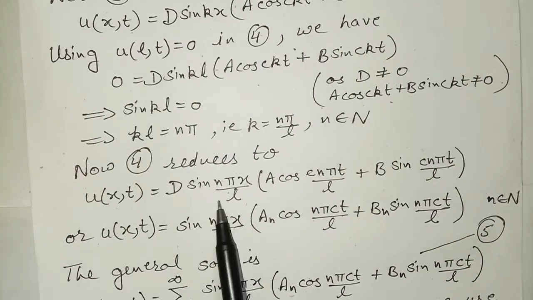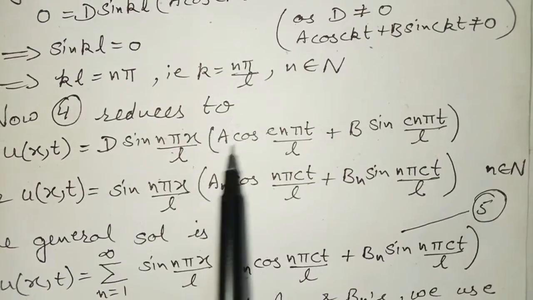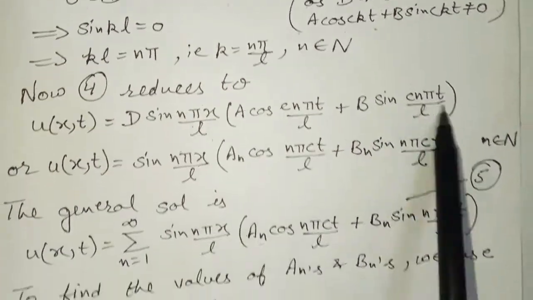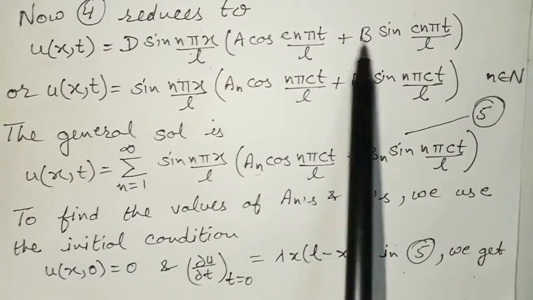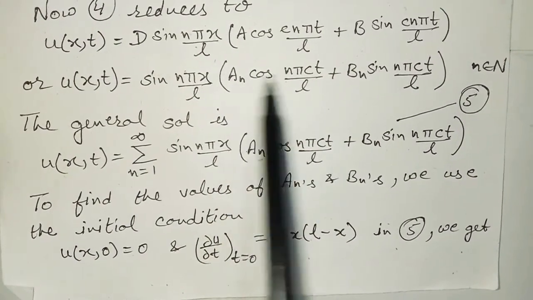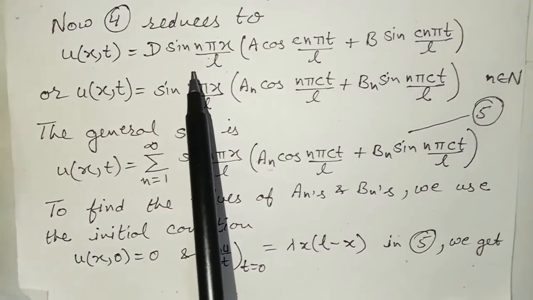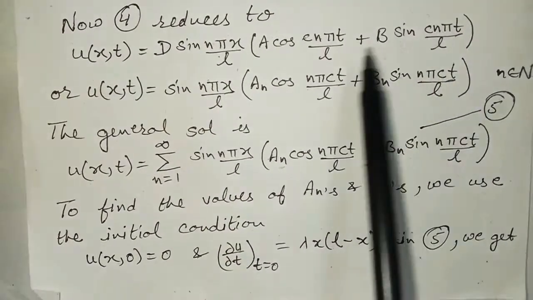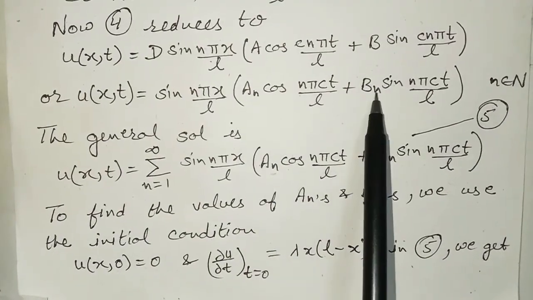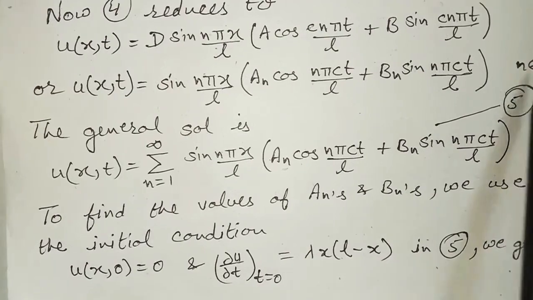Okay, so now multiply this constant d by these two constants. We write the new constants, because here n is 1, 2, 3, 4 for different values of n, so we write a_n and b_n as the constants for different values of n.